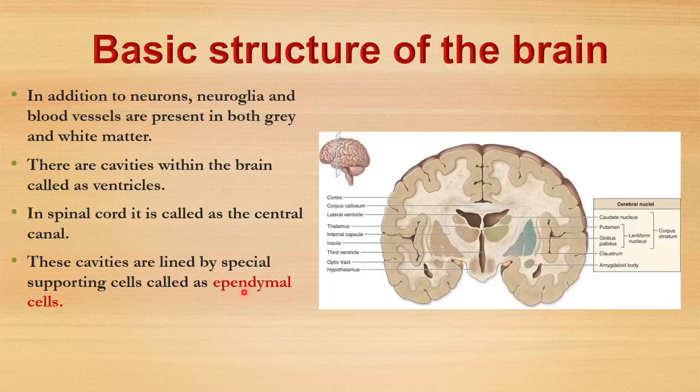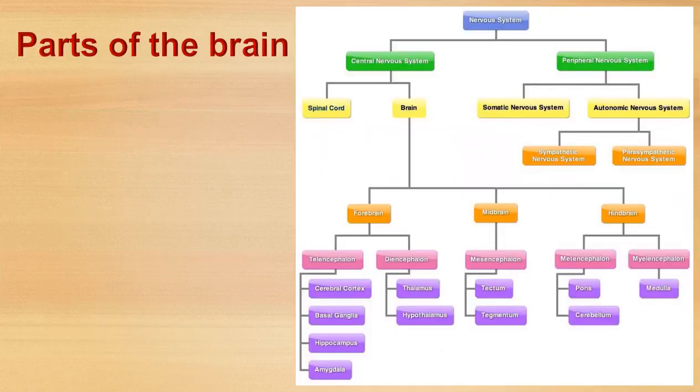These ependymal cells are responsible for secreting the CSF. From the capillary blood, the CSF is filtered and produced or secreted into these ventricles.